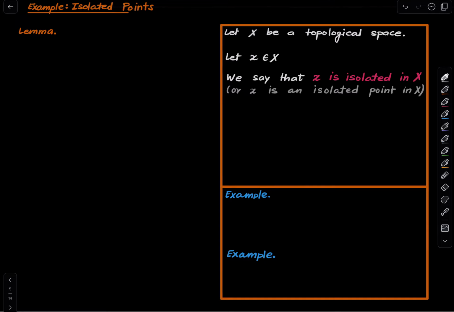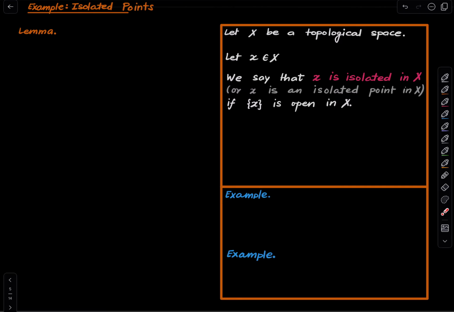So we say that x is isolated in X if the singleton {x} is open in X. Again, just to remind, this just means that this singleton is an element of the topology on X. So that's the notion of an isolated point.